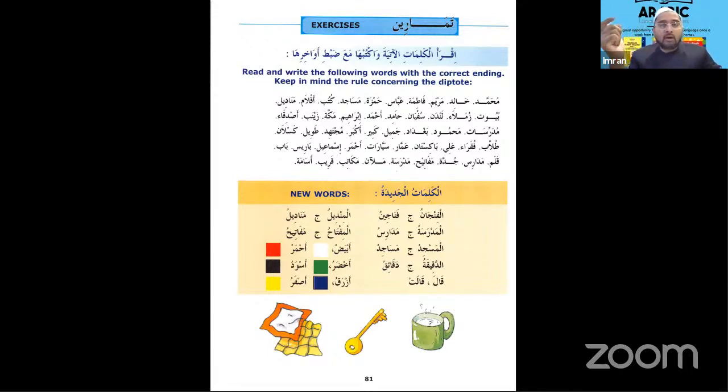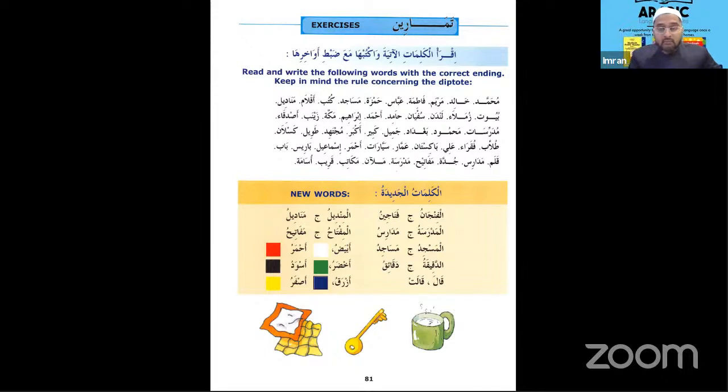A noun can come in the state of marfu. Marfu means when a noun receives a dhamma tanween or a dhamma, like Zaydun, al-kitabu. Both of these nouns are in the state of marfu.